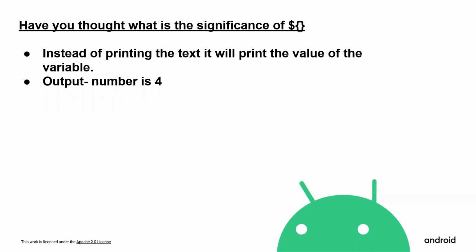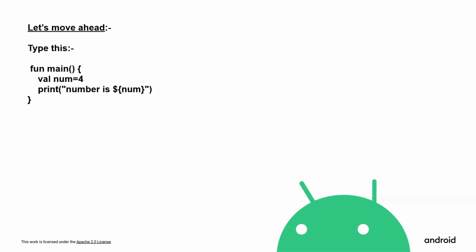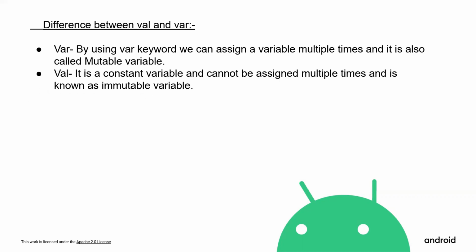The significance is that instead of printing the text, it will print the value of the variable. As we have assigned num equal to 4, when we print num is dollar curly braces num, it will print the value of num, that is 4. So the output will be num is 4.